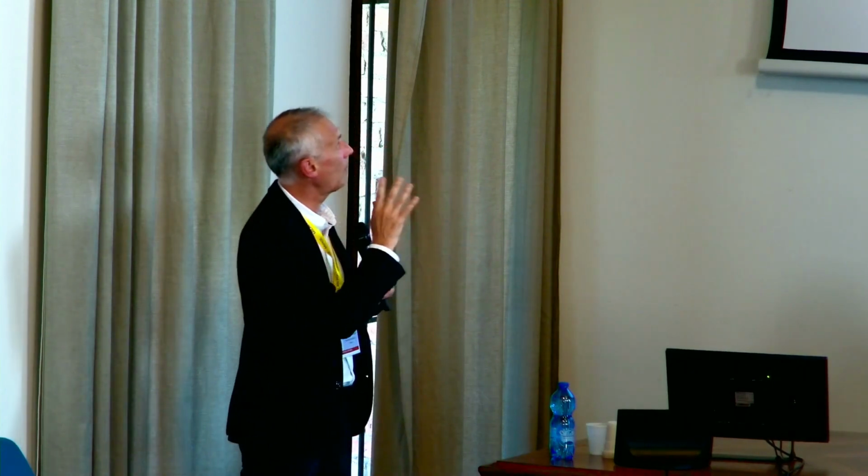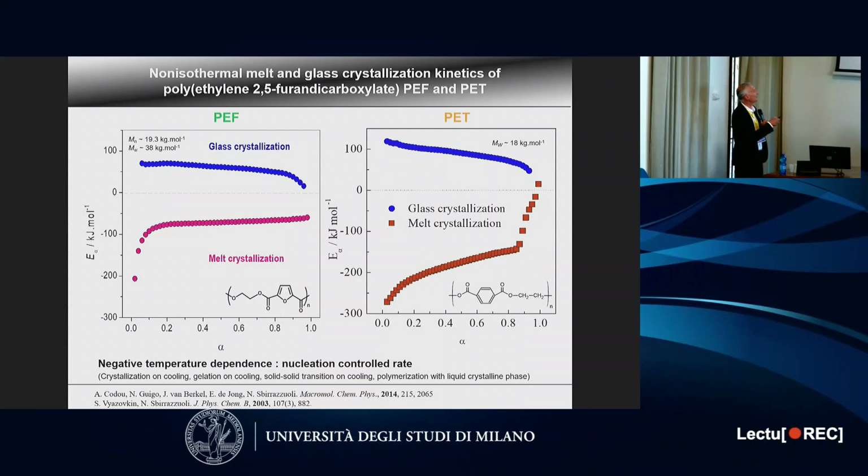But also one point here about PEF. Because this study was done in 2040. And in fact, it's PEF from Avantium. And at that time, the synthesis was not optimized. And I didn't put the DSC graph, but if you look at the DSC, it's not as nice as PET.